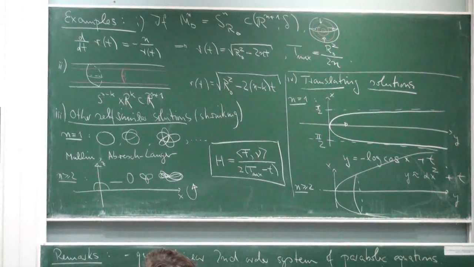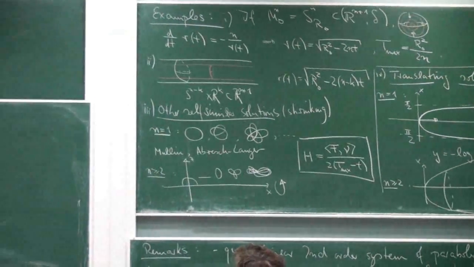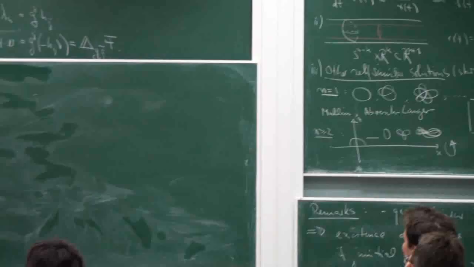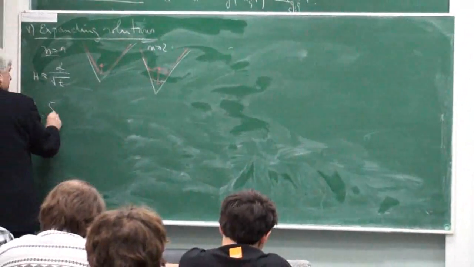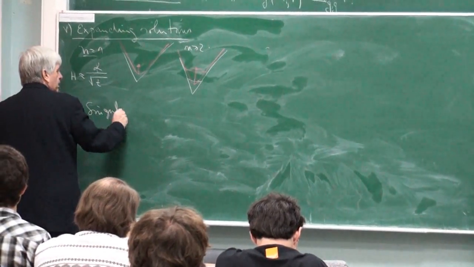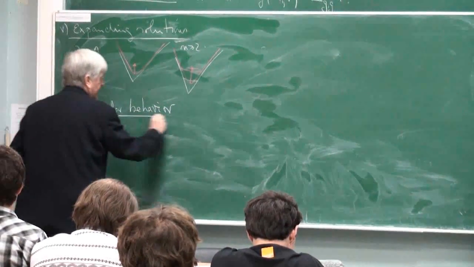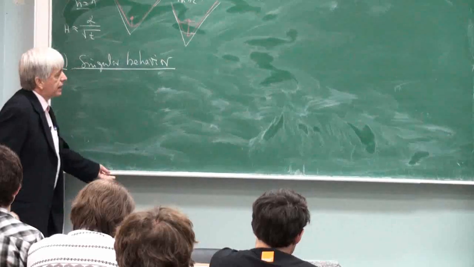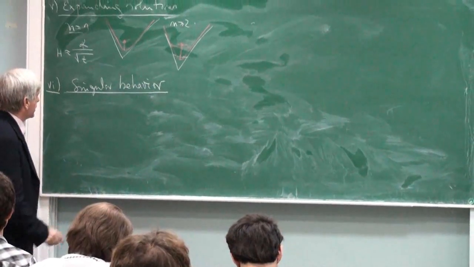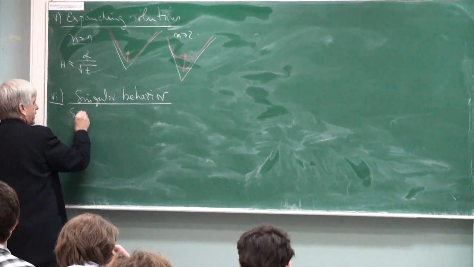Now it turns out singularities are quite common in this flow. So we have singular behavior. Let's go away from the self-similar solutions. We get all sorts of singularities. I showed you already the self-similar shrinking ones.